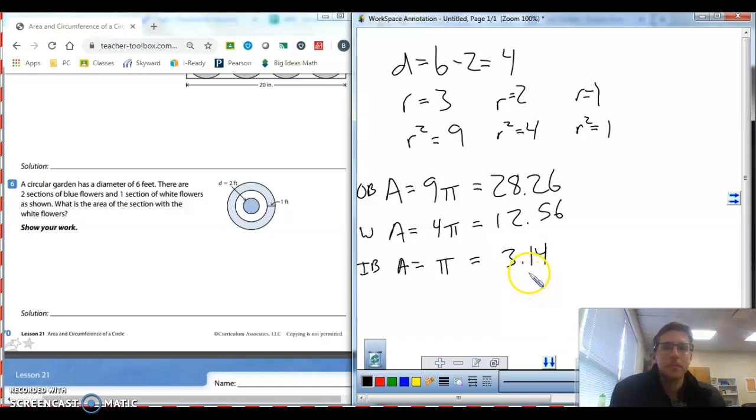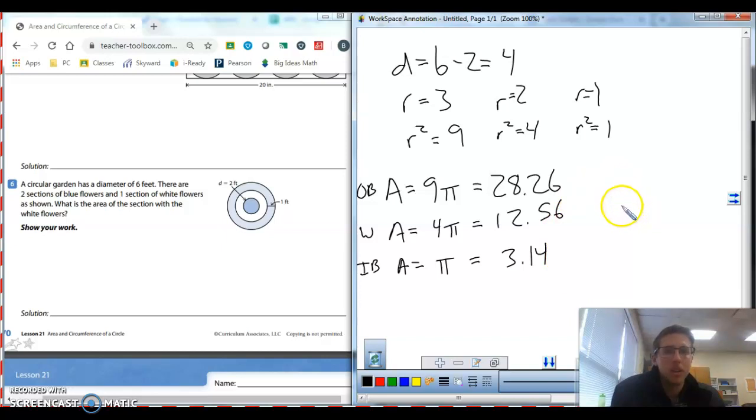Okay. So the total area from the outer blue in is 28.26. The area from where the white starts all the way in is 12.56. The area for just the inner blue is 3.14. Okay?